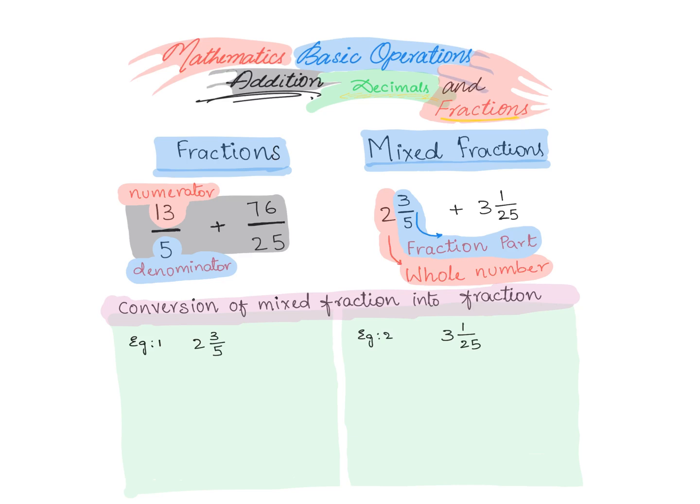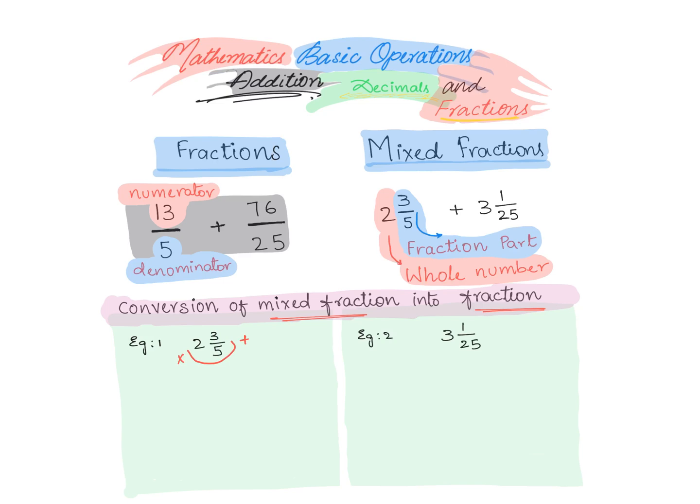Before learning to add fractions, let us learn how to convert a mixed fraction into a fraction. For the conversion of mixed fractions into fractions, what we need is a big smile. On both ends of the smiley, let us place some symbols. Here I keep into and here plus.